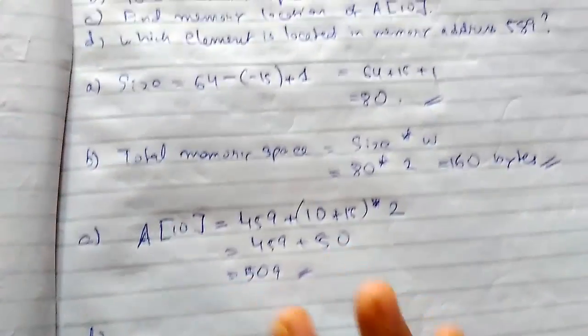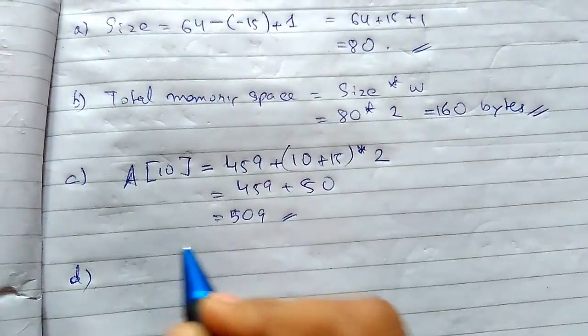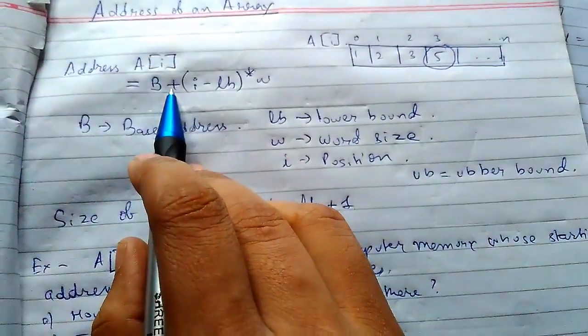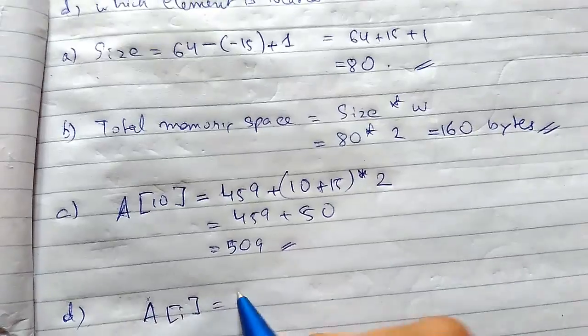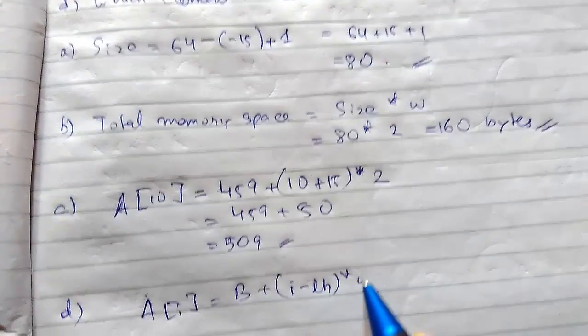Next we have which element is located in memory at address 589. We need the same formula, I'll just copy it. So this is the formula: A[I] equals b plus (I minus lb) times w.